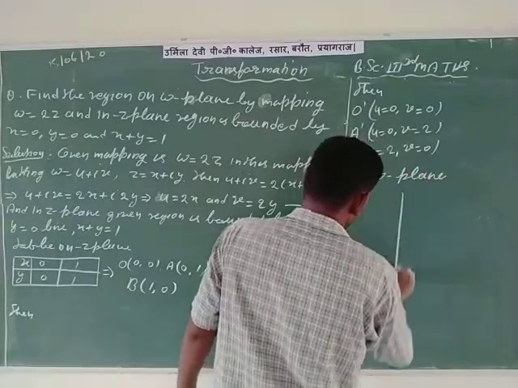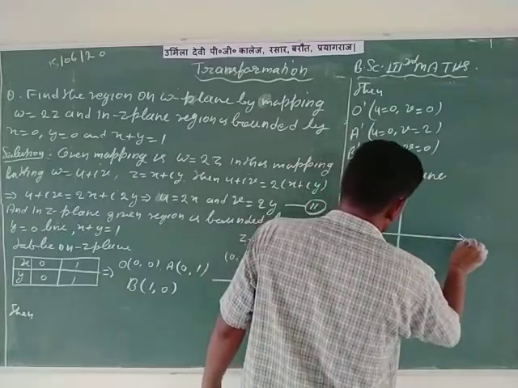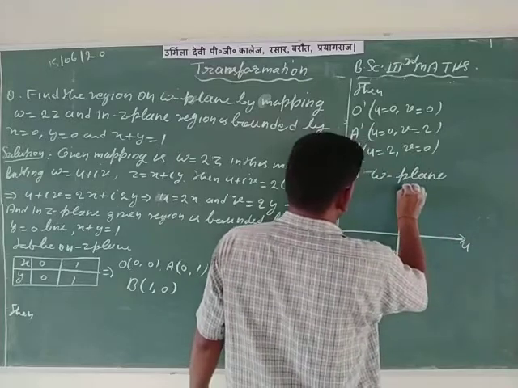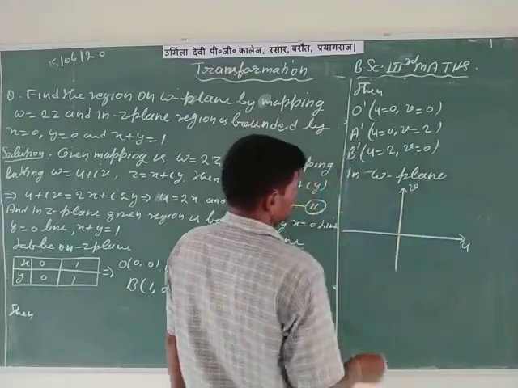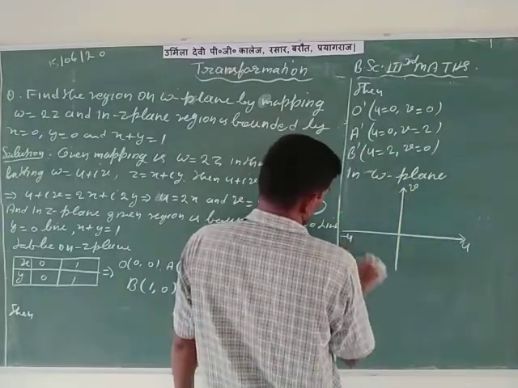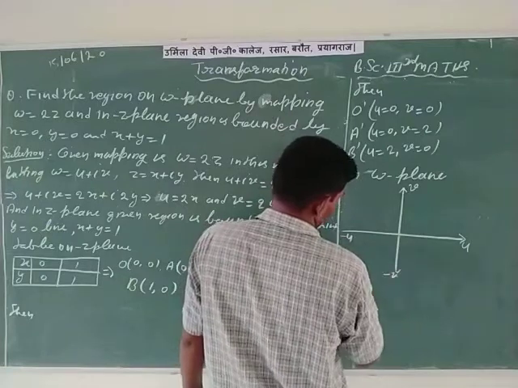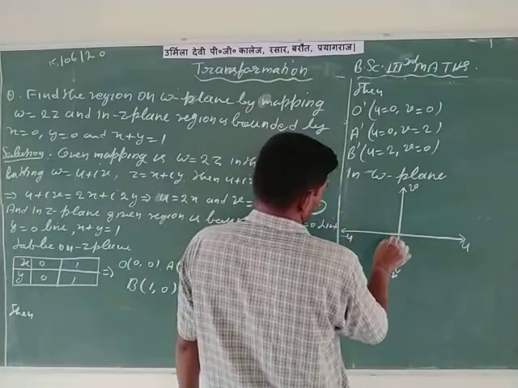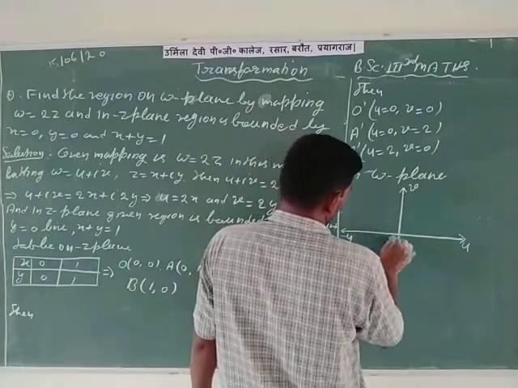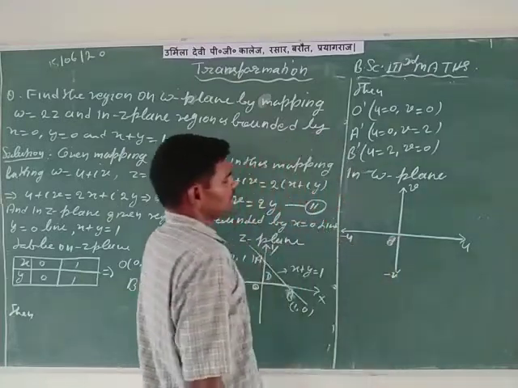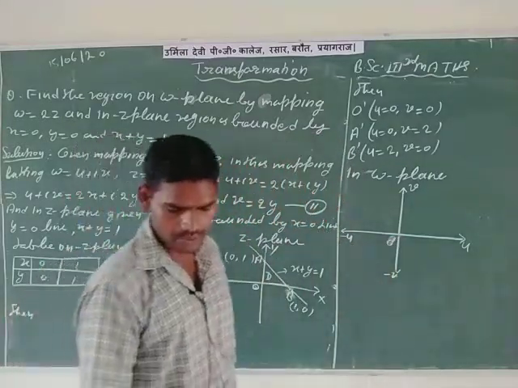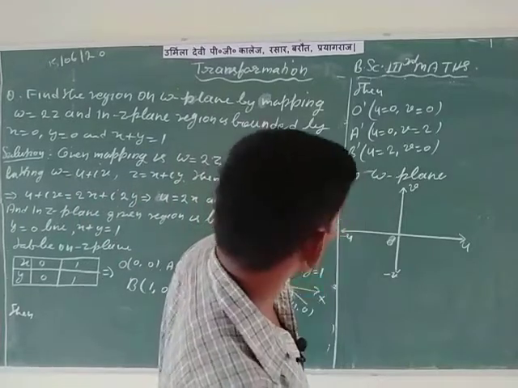So on the W plane, plot these 3 points here: u axis, v axis, minus u axis, minus v axis. Here is the origin O dash, with coordinates 0, 0.